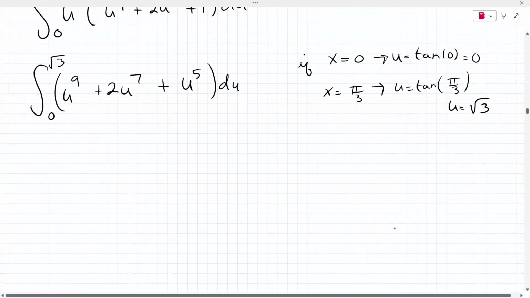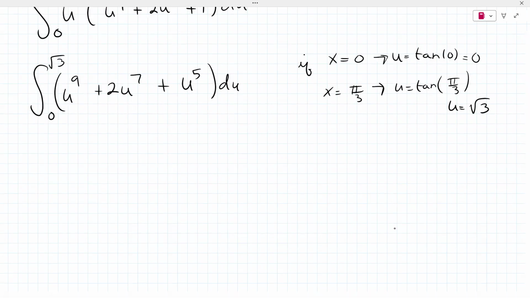So u to the 9 plus 2u to the 7 plus u to the 5, we can start taking the integral. The integral of u to the 9 is 1/10 u to the 10. The integration of 2u to the 7 is 2/8 u to the 8th. The integration of u to the 5 is 1/6 u to the 6.